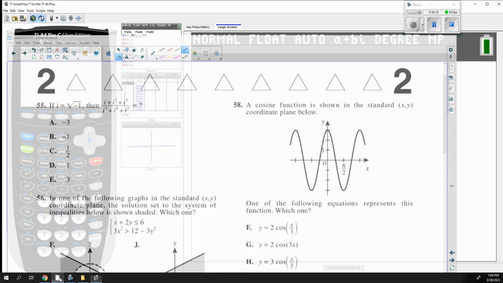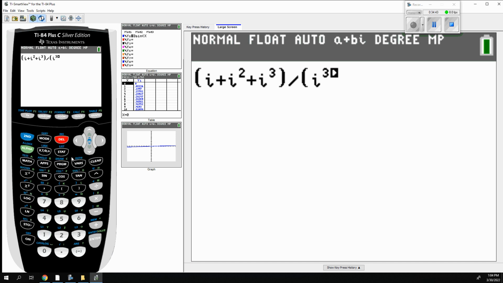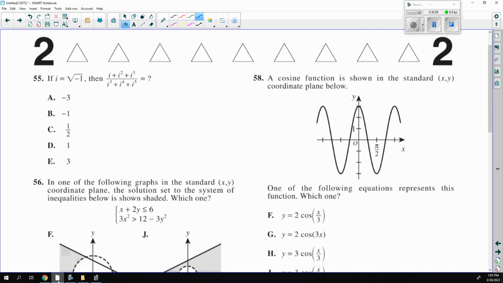So what you want to do is go with the parentheses, I plus I squared plus I cubed divided by I cubed plus I4 plus I5. Negative 1. Tricky, tricky.